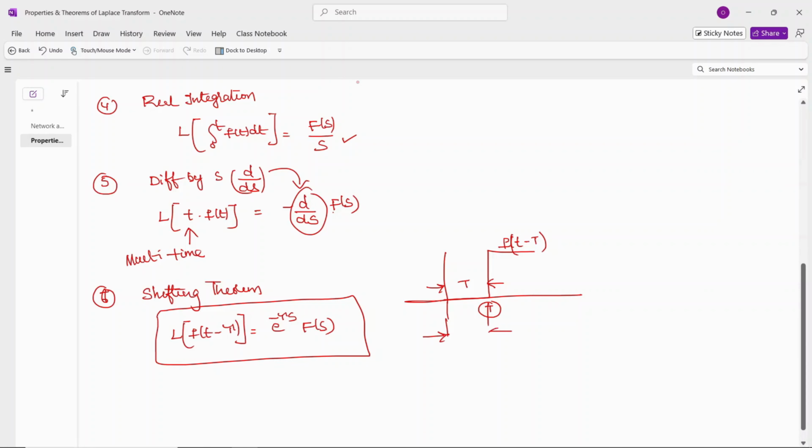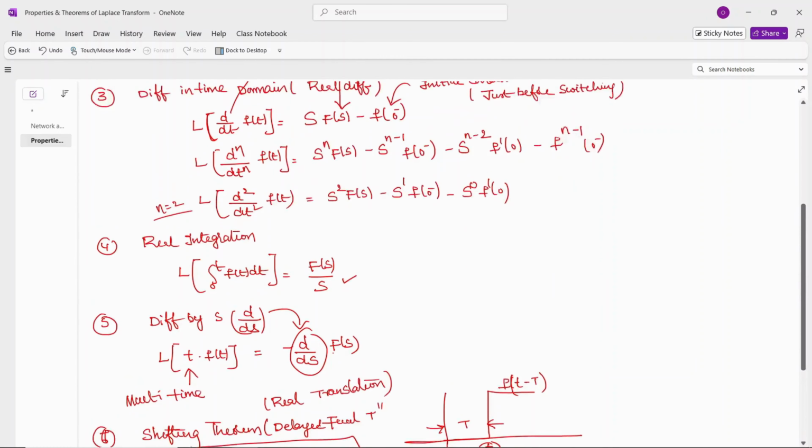Because it is shifted by a time interval of capital T. Therefore, this theorem is called the shifting theorem, or a delayed function of magnitude capital T, or it is also called the real shift or real translation theorem.